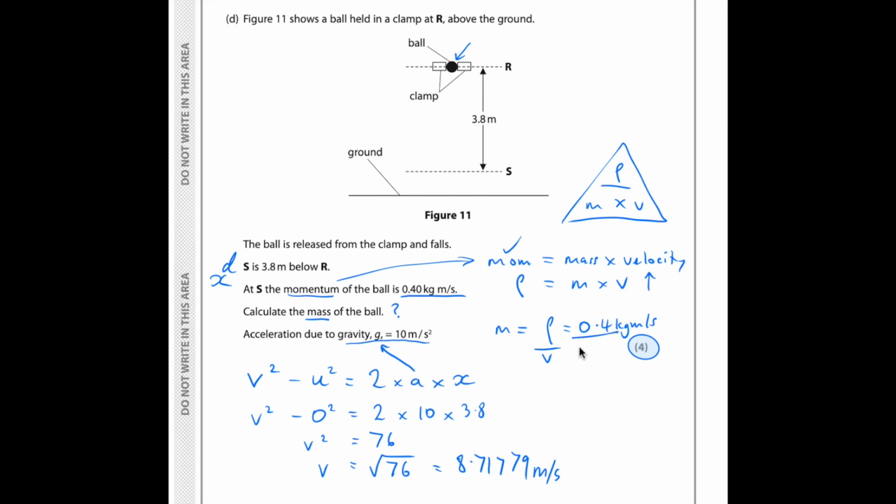The velocity we've just worked out was 8.71779. Never round up if you're using it for a further calculation. And that equals 0.04588 kilograms. We'll put that to 2 decimal places because that's what that was.